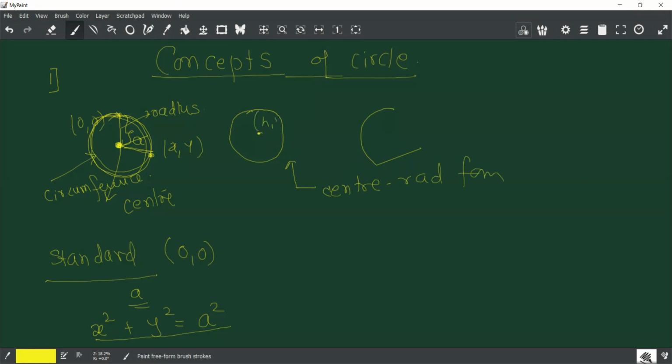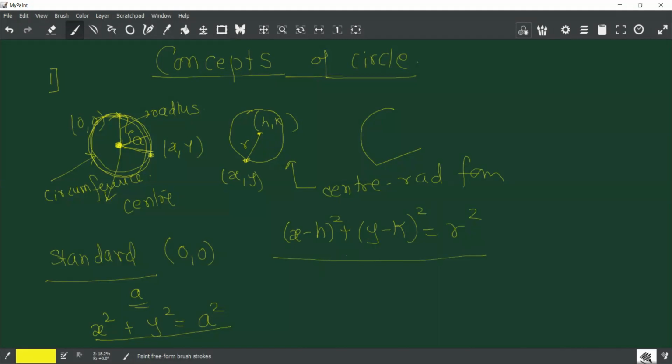Center is h comma k, and if the radius is r, again use the distance formula. You take any general point as x comma y, apply the distance formula and square. So what will it be? x minus h the whole square plus y minus k the whole square is equal to r square. What is this called?